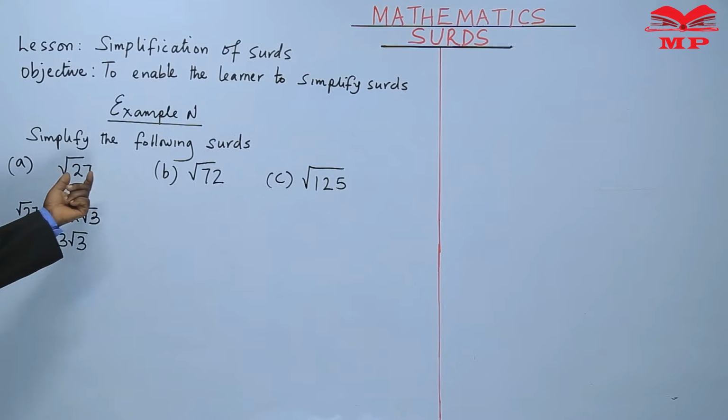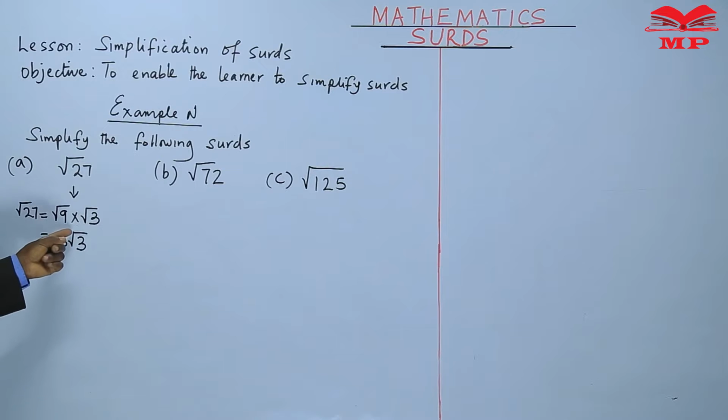So you look for the multiples. If you have a number given like 27, we've broken it into square root of 9 times square root of 3. It is the same as square root of 27. So the 9 there has a square root, so you simplify it. Square root of 9 is 3.